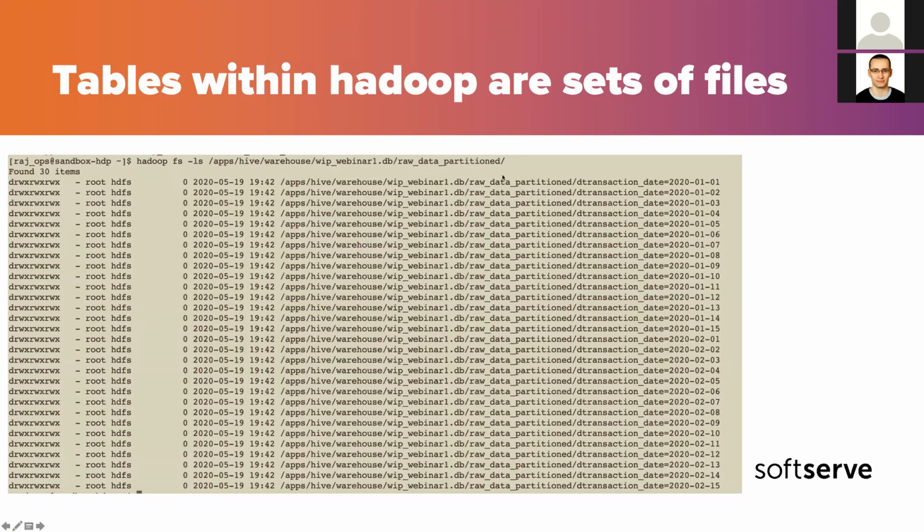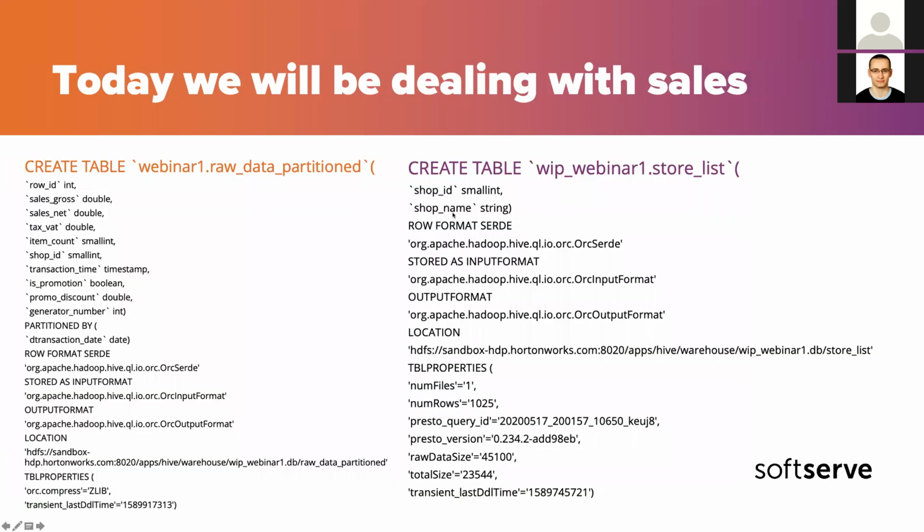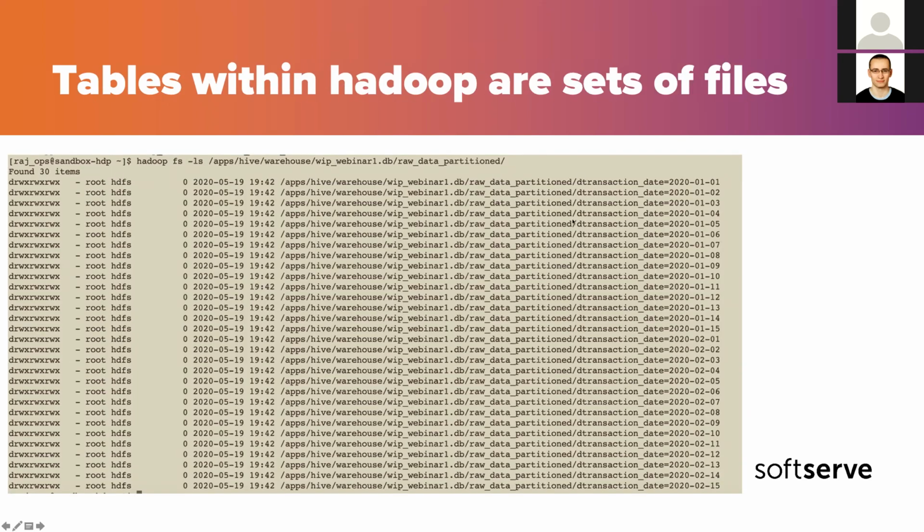Then we have the name of the table as a folder, and then we have another folder, which, if you remember on the previous slide, we had information about partitions, which is basically the partition name and the partition value.